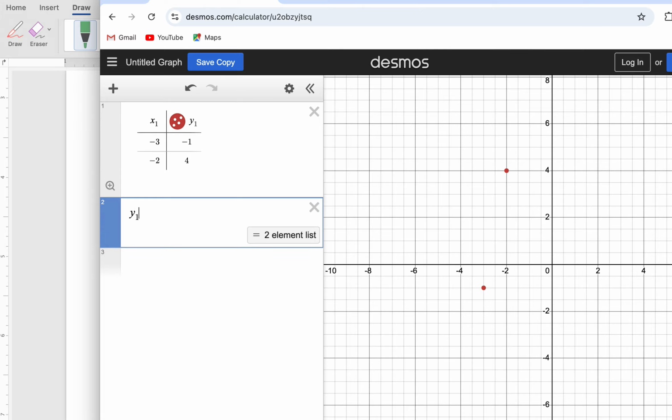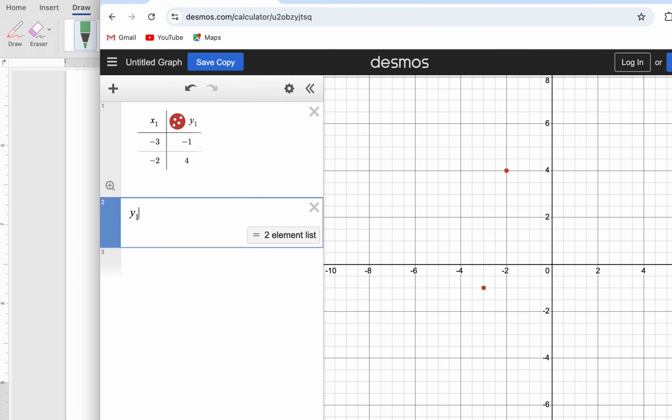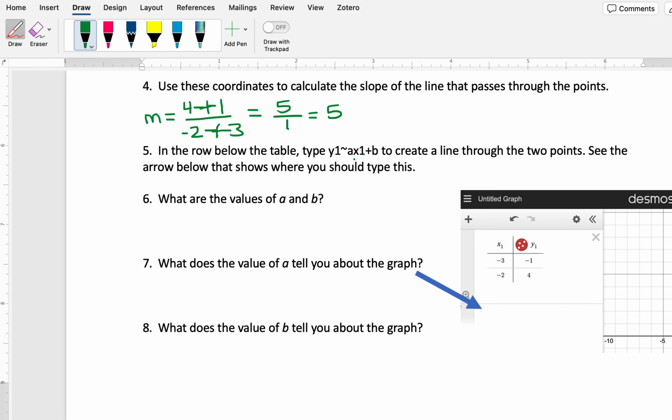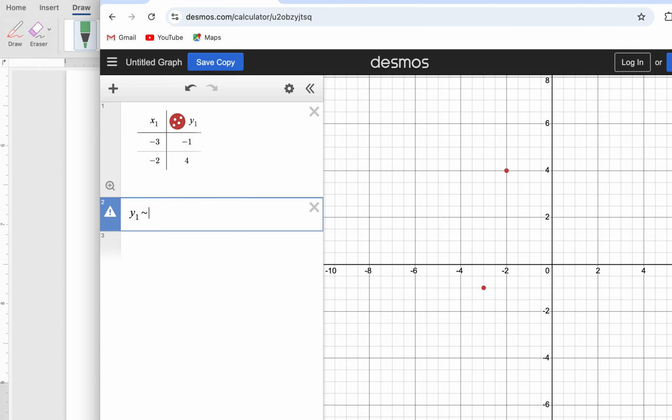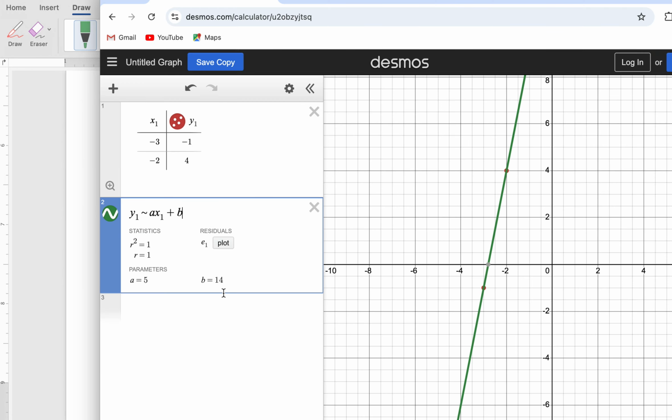So I'm going to type, this is y1, and then find the squiggly on your keyboard. This is usually in the upper left corner of your keyboard, and then it's going to be ax1 plus b. So finish typing that. Notice it is putting the subscripts in automatically for these little ones, and there is my line.